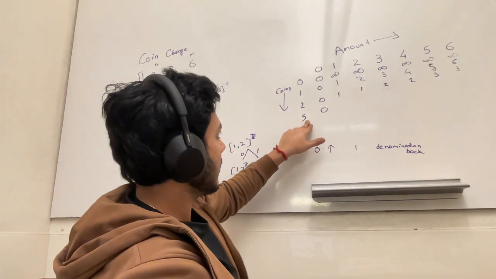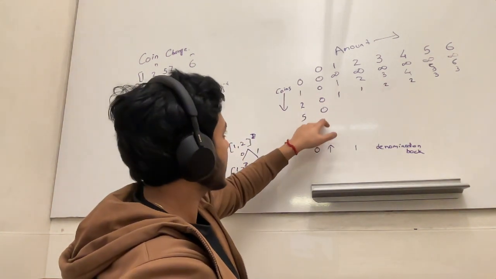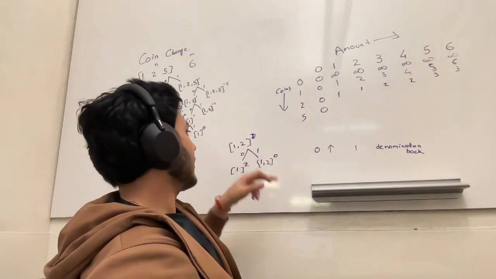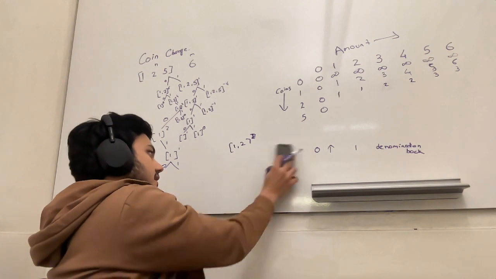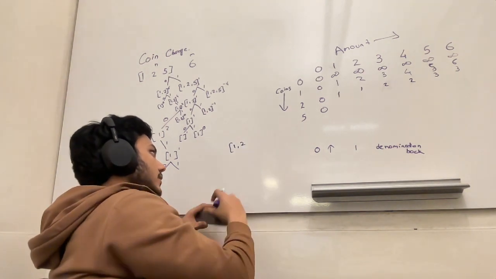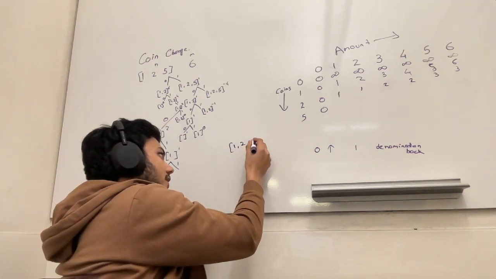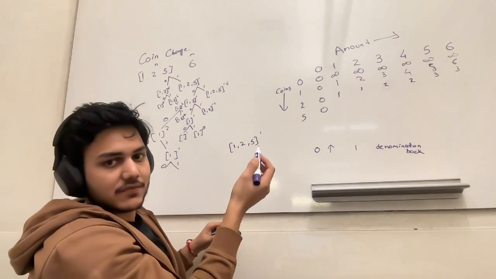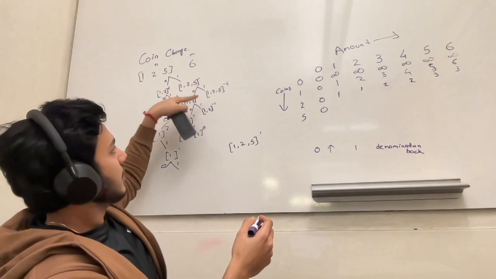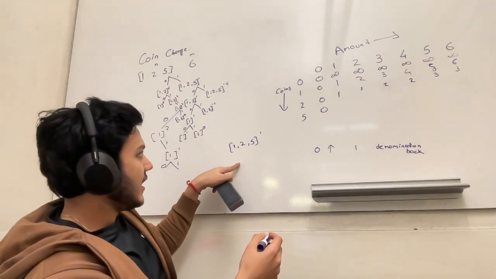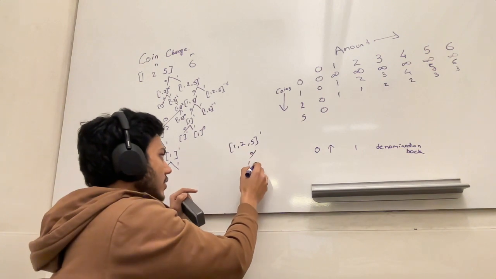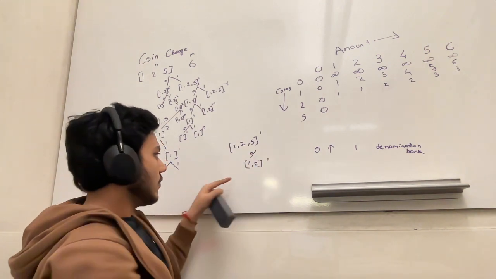Let's try it for 5. For 5, can you make 0? You cannot make 0. Can you make 1? Right? You cannot make 1. With 5, we'll change this. With 1 comma 2 comma 5, now you have 5 and the value is 1. If you take it, it will go to negative, right? Minus 4. We have seen it here. But if you don't take it, so 1 comma 2, not taking it, value 1.